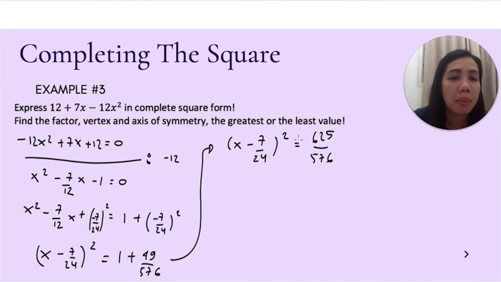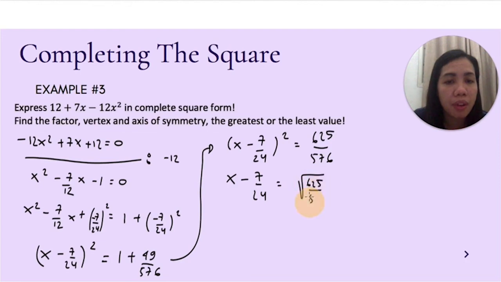Okay, then we will make this square disappear first by taking the square root of both sides. So in here, x minus 7 on 24, and then here the square root of 625 over 576. Don't forget to put a plus or minus sign here.